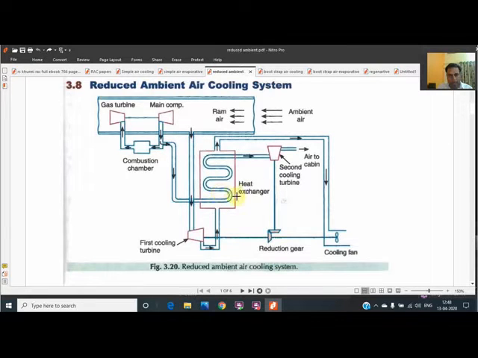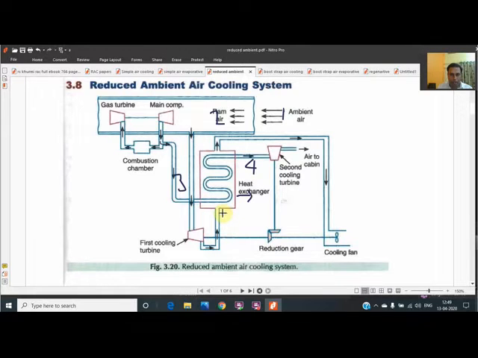That's why when we are dealing with the heat exchanger, this is the actual temperature drop which has taken place. If we consider this as 1, this as 2, this as 3, and this as 4, then the actual temperature drop is T3 minus T4.